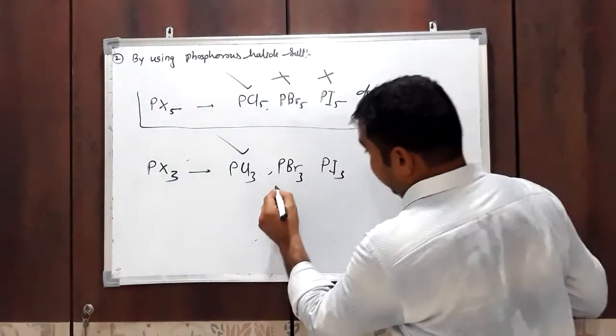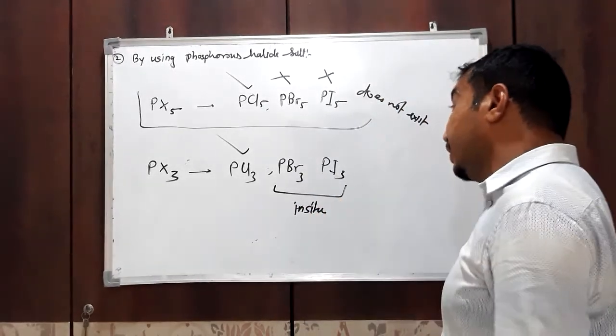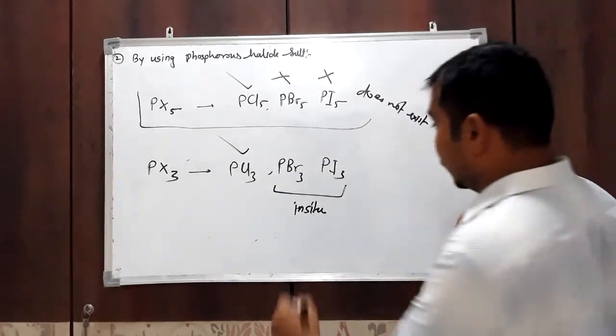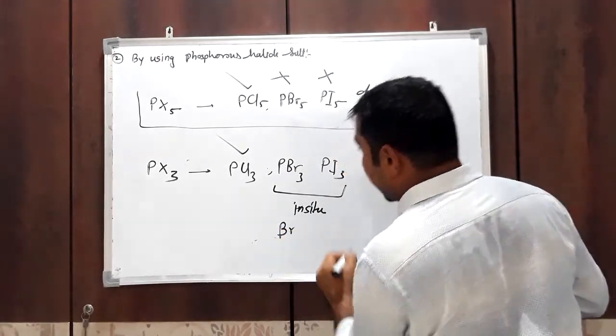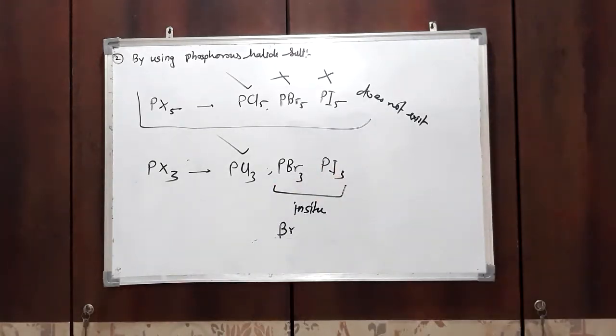We have to prepare them in situ by the reaction between phosphorus and bromine, and similarly for iodine. It is due to instability. We have to prepare this first and then react with alcohol.